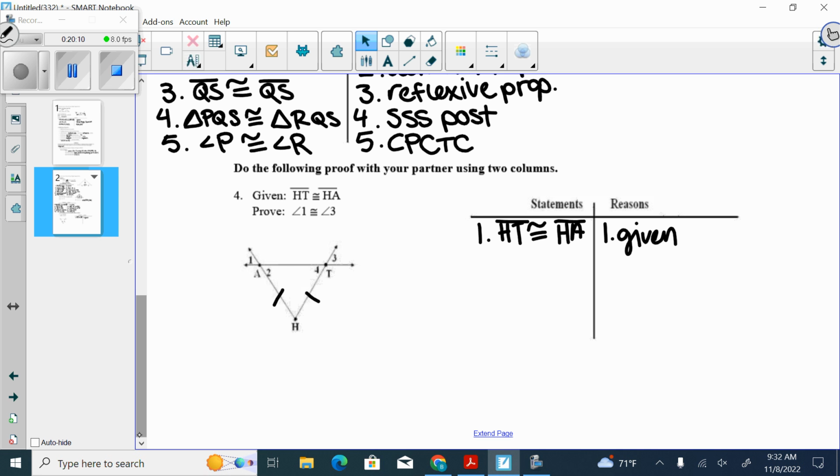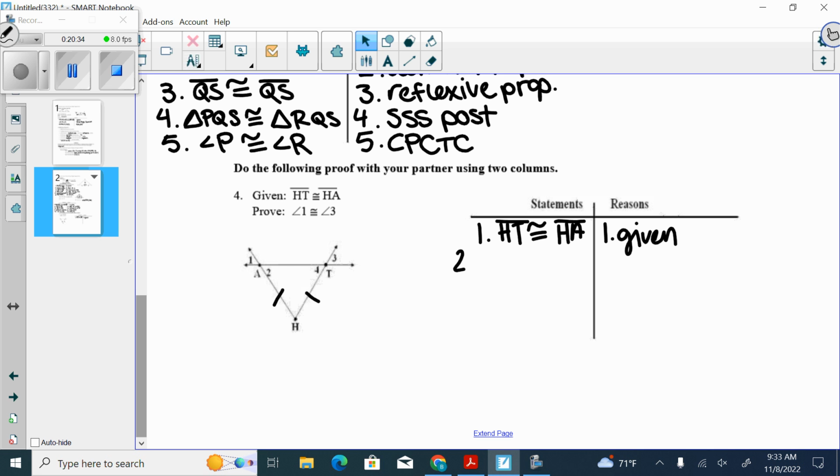An isosceles. In an isosceles triangle, which we now know that this is because it has two congruent sides, not only does it have two congruent sides, it has two congruent angles as well. Okay, so I'm going to add that to my proof here. I'm going to say that I know that this triangle, I'll give it a name, we'll call it HAT.